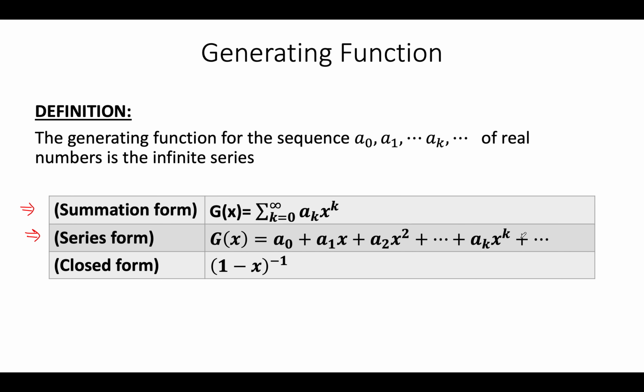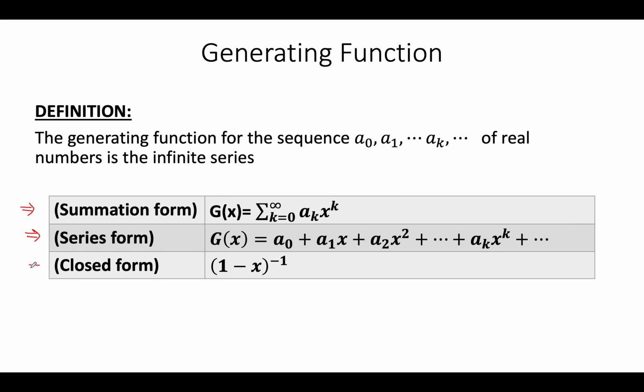And we keep going, etc., until we reach ak x to the power k. Alright? The summation form, where we have sigma k equals 0 until infinity of a_k x to the power k, can be converted to the series form, where we get it as a sequence in here.